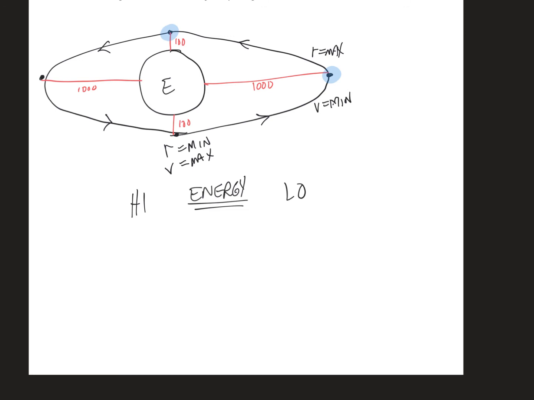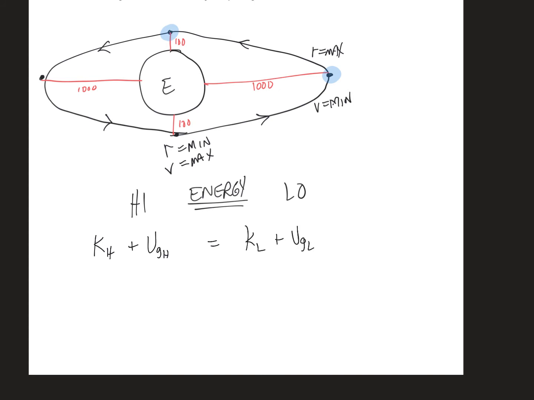Gravitational potential energy from a Newton's law of gravity force times distance standpoint is going to be different than the work done on or by gravity MGH thing. So this isn't an MGH kind of energy. So we could say K high plus UG high has to equal K low plus UG low.